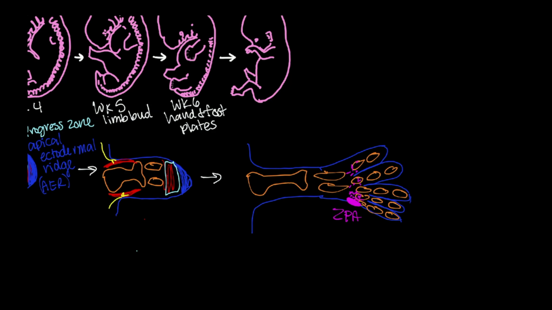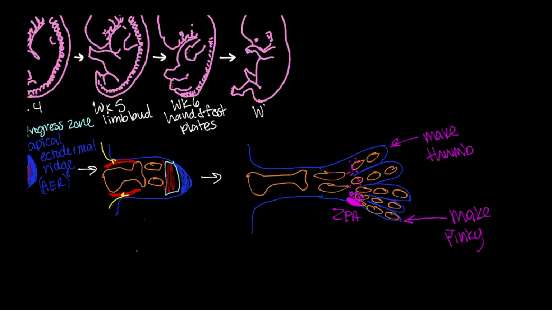So a higher concentration will be located near the ZPA and a lower concentration further from it. The high concentration near the ZPA will tell the underlying mesenchyme to make a pinky. The further away, or the lower concentration of morphogens, will tell the mesenchyme to make a thumb, or to make the radius.